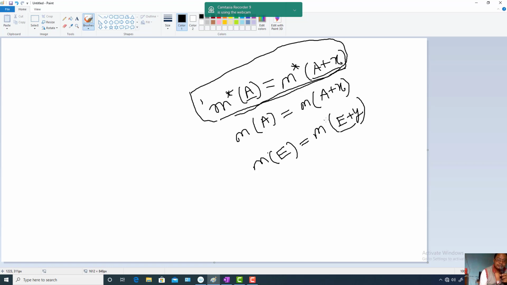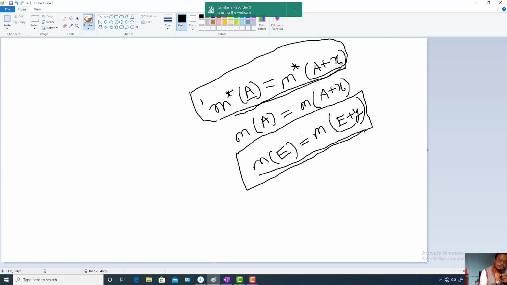So we are going to prove that if E is measurable, then E plus y is also measurable, and then we can drop the star here. You might feel that this result is redundant, but we haven't proved that if A is measurable, A plus x is also measurable. So we need to prove that E plus y is measurable, then this result is established.